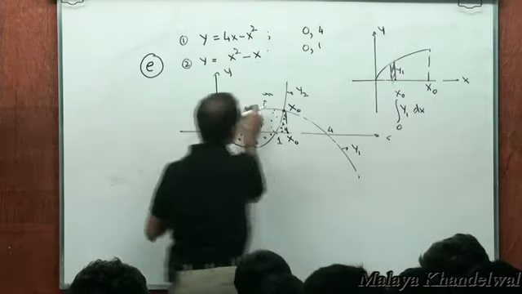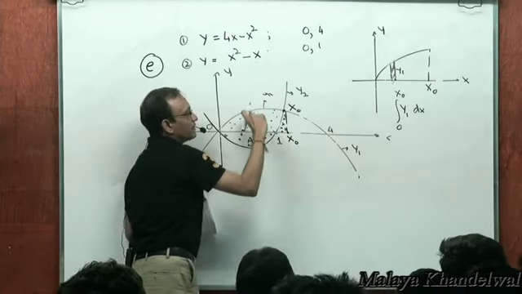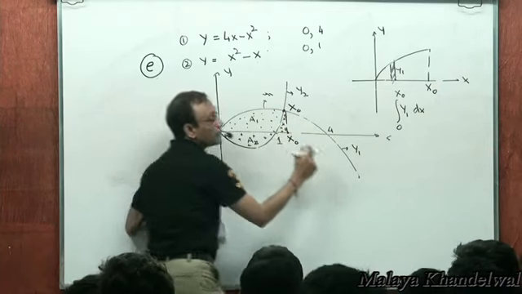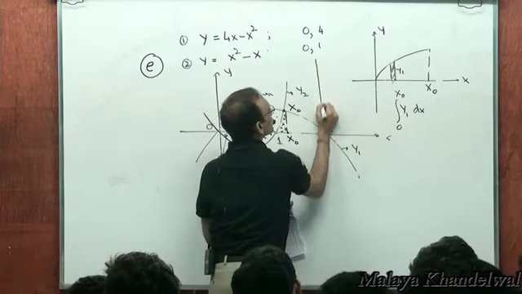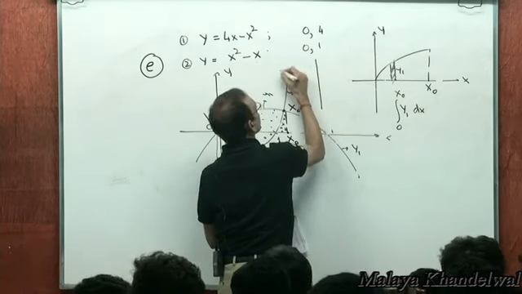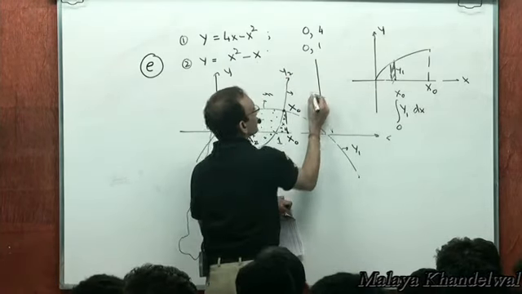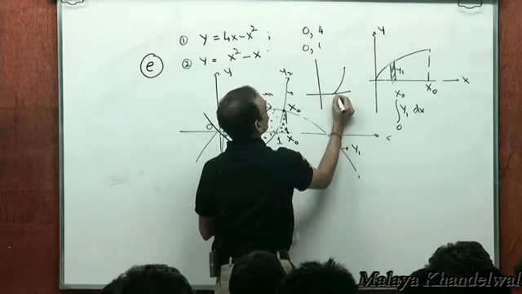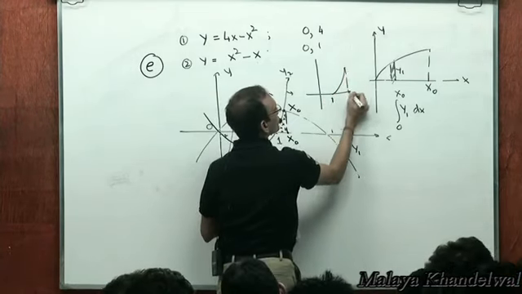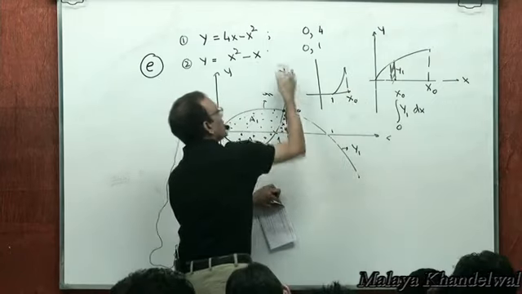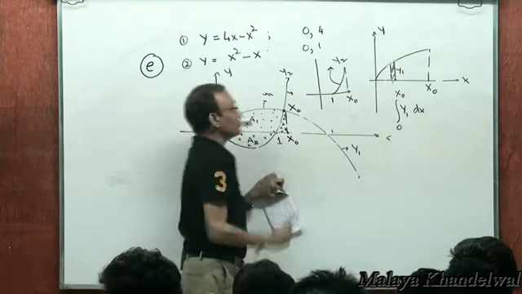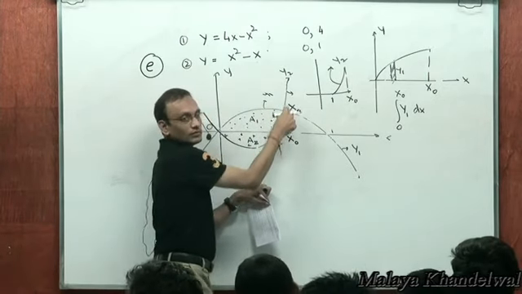But in the process of doing these vertical strips, y1 dx, y1 dx, I get this as an additional area, from 1 to x naught, and it lies under the curve y2, yes or no? This is y2, right?